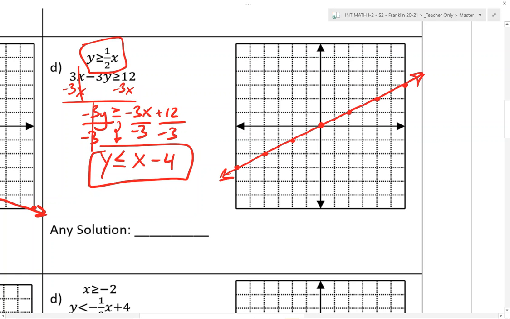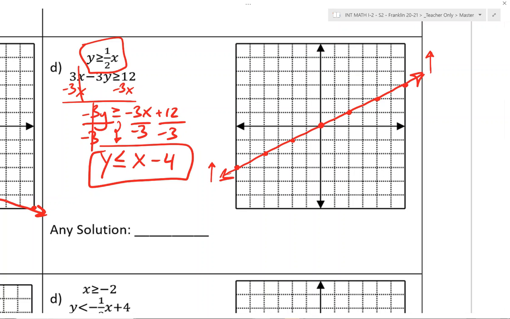It is greater than or equal to, so it'll be shaded up above the line. So we know that our shaded region will be somewhere above this line, in one of these spaces up here. Now that's going to get cut into two pieces by this next line we graph, so we'll see what happens.